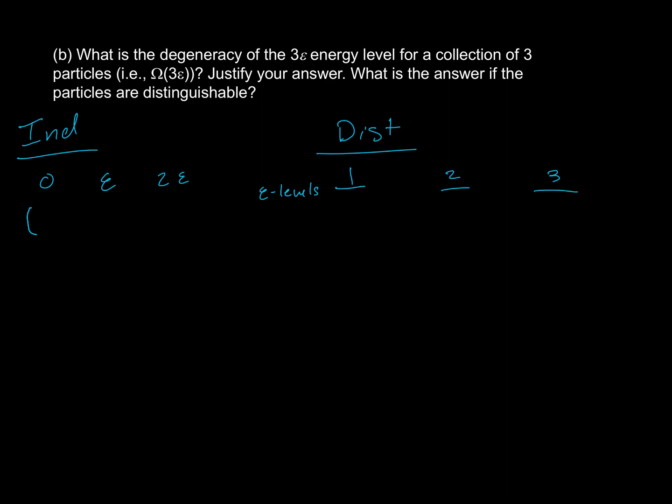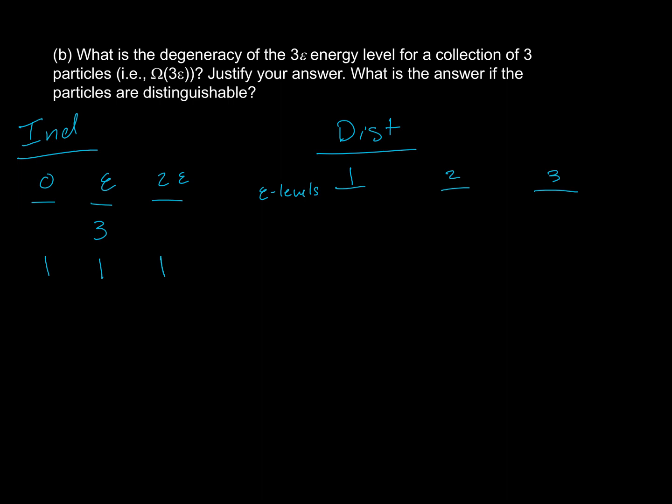How I did it is, if we had these 3 energy levels, we could have all 3 of them with an energy of 1 epsilon, or we could have 1 with 0, 1 with 1, and 1 with 2. I think those are the only 2 ways that we can get a total energy of 3 epsilon.